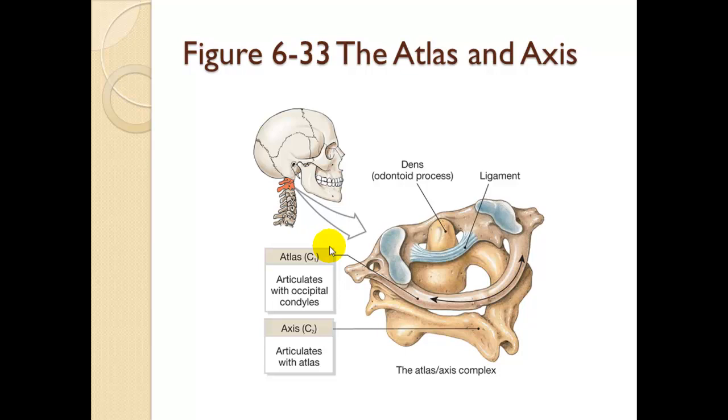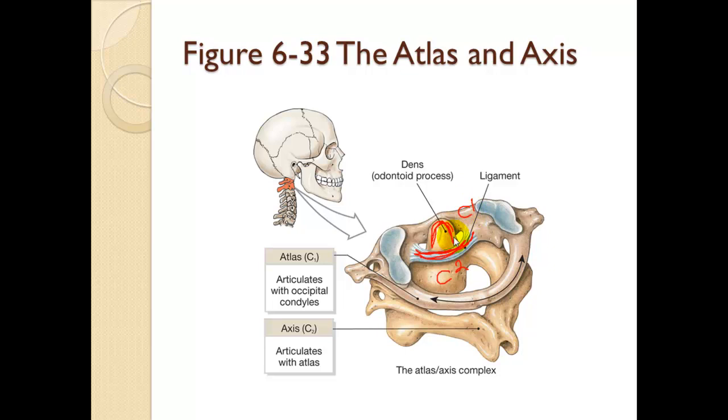Atlas and the axis. This is C1 and C2. C1 is the atlas, and C2 is the axis. You have one ligament. This is the dens, or the odontoid process, and this is what anchors it, and this ligament holds it in place. Now this top one here that we're drawing on is C1, and then this is C2.